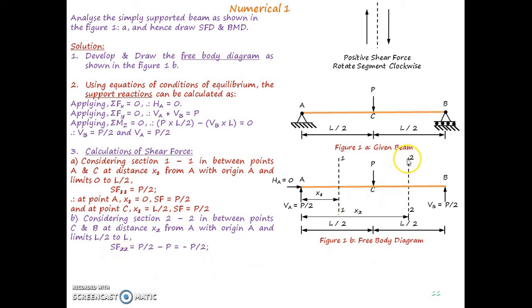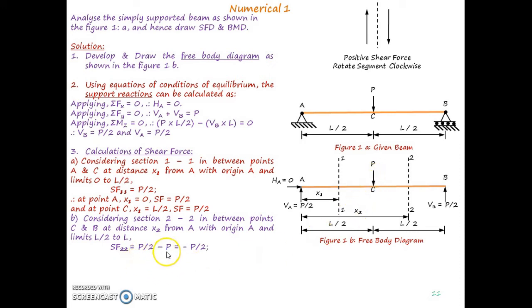Now if we are considering section 2 in between C to B, at the left of section 2 we have this reaction at A, that is P by 2 upward. So that is positive P by 2, and one more, the external force P acting at C, and it is downward, so that is taken as negative.